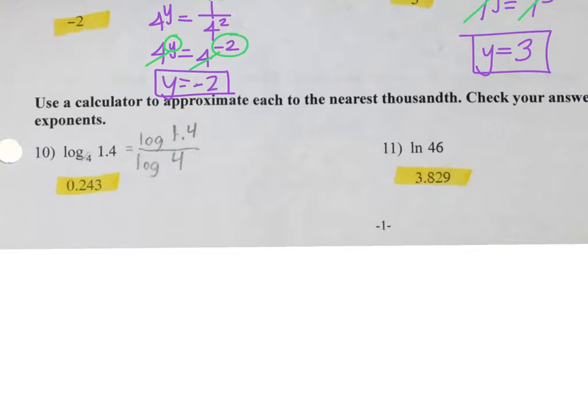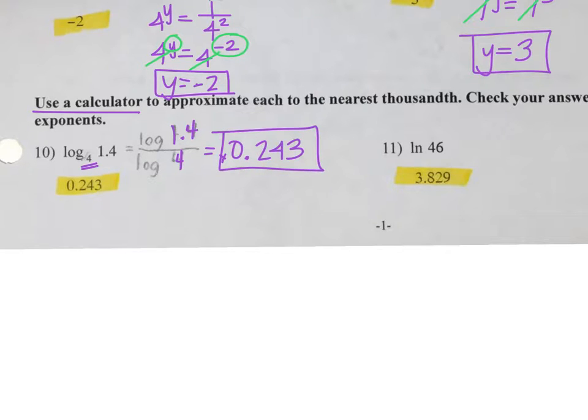These last two problems tell us to use a calculator to approximate. Remember, on your calculator you cannot type a base 4, so we have to use the change of base formula, which means I need to do log of the big number divided by log of the base. When you do that, you're going to get 0.243.